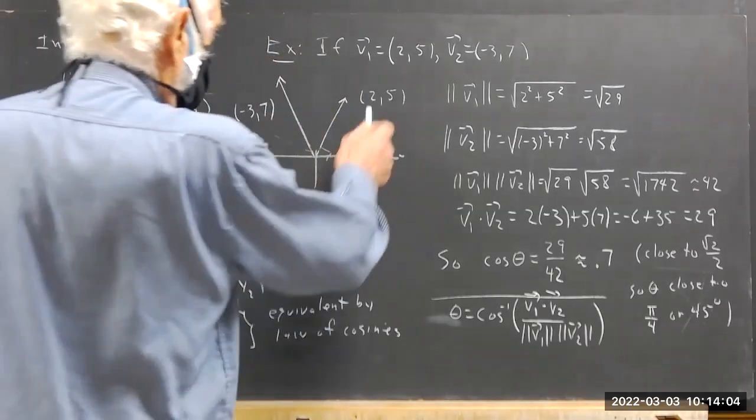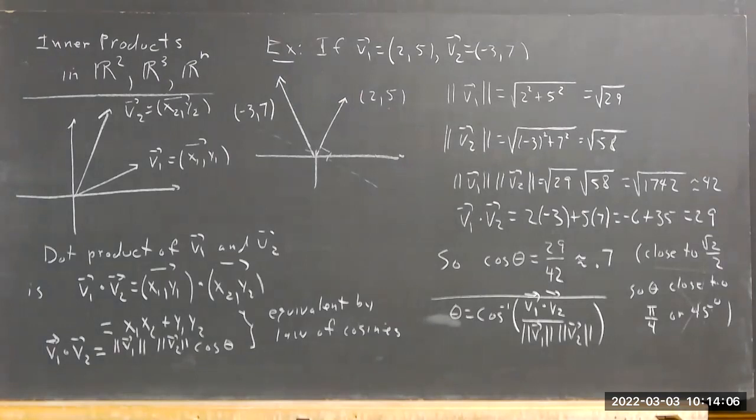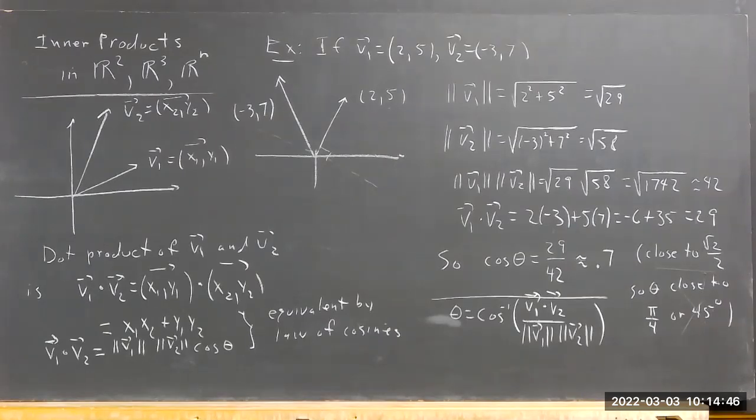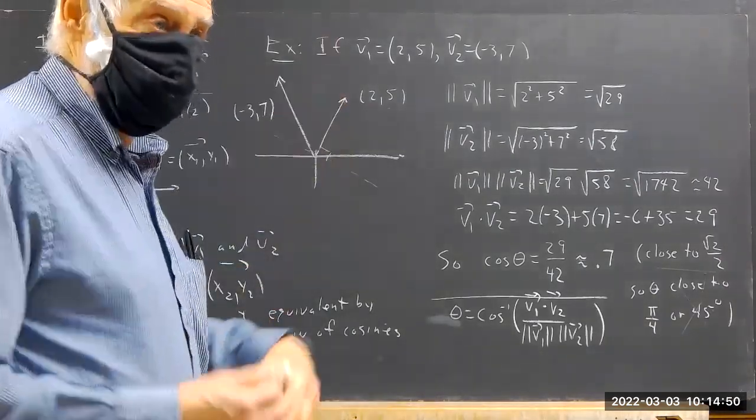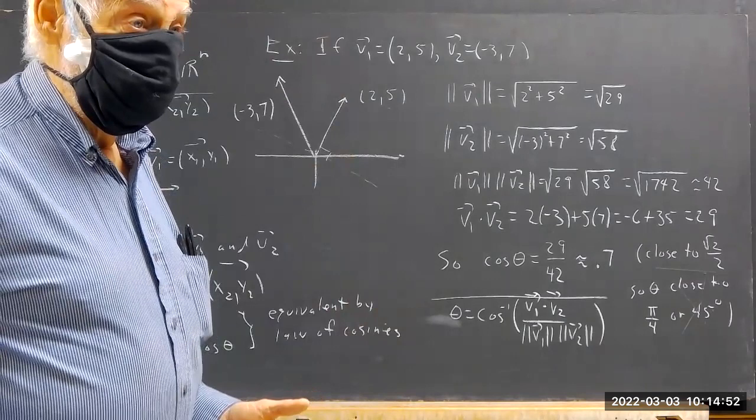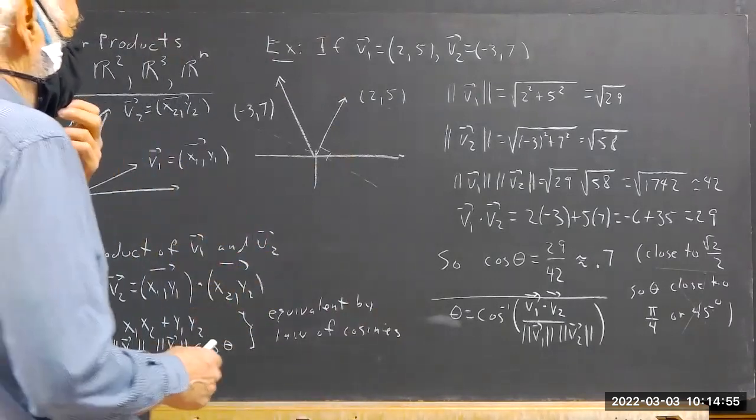And we can also check, we could take a vector perpendicular to this. Can anybody tell me how we would get a vector perpendicular to (2, 5)? Okay, somebody said, find the slope and take the negative reciprocal, right? Well, you don't actually even need to do that.